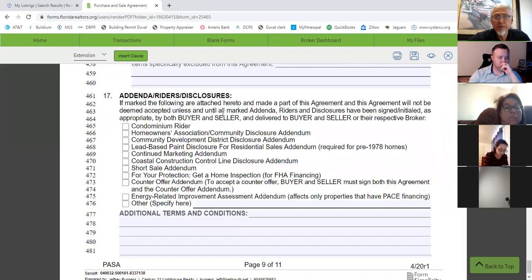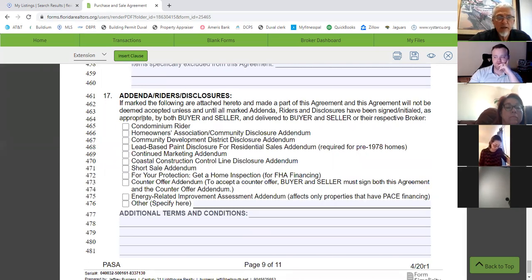Now, this is particularly interesting here, the addendums, riders, disclosures. If marked or the following are attached here to and made a part of this agreement, the agreement will not be deemed accepted unless all the addenda is signed.